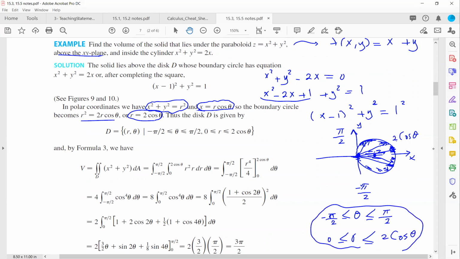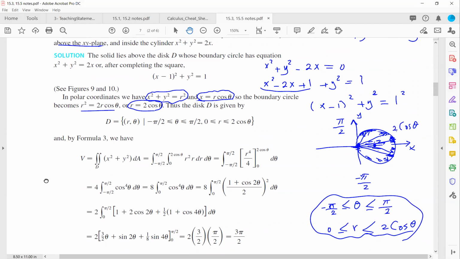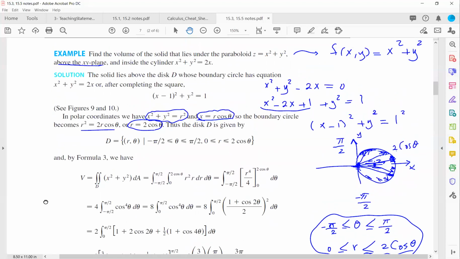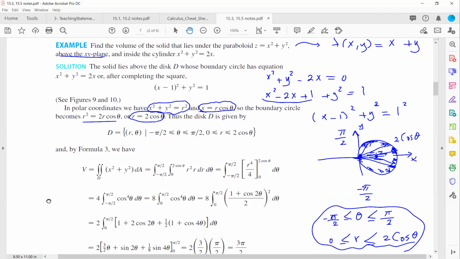Okay, now that we have all the information we need, we can start solving this volume problem. First of all, our two variable function is x squared plus y squared.